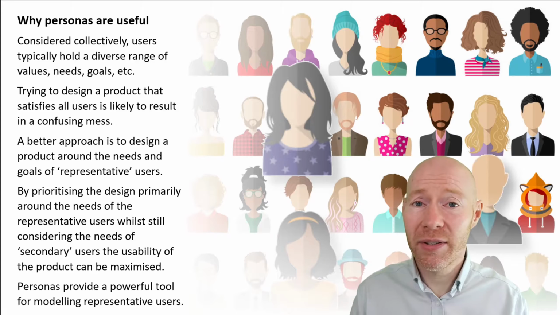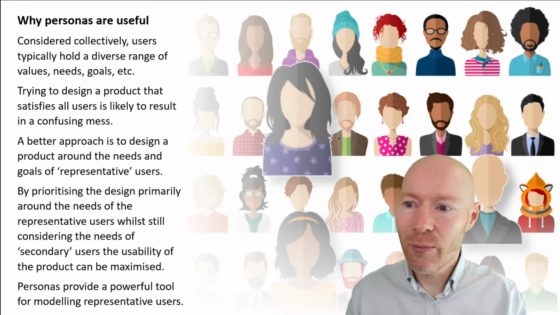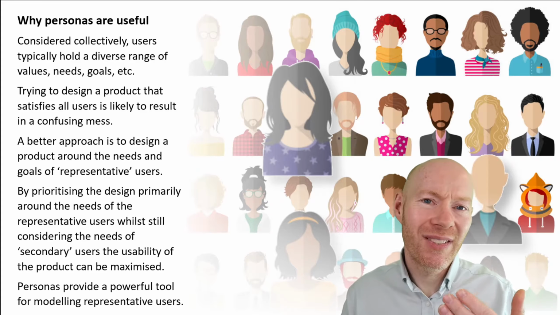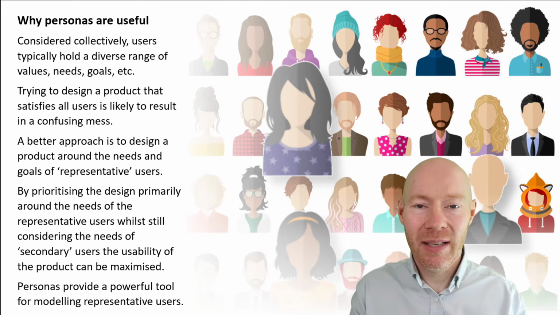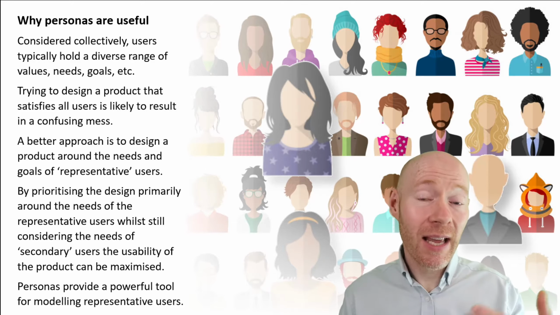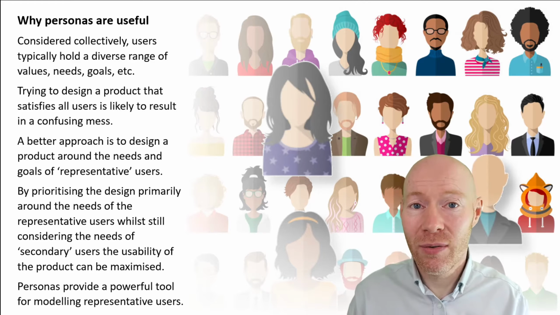And that's our priority. Once we've done that, we think about those other secondary needs and goals. It's not to say they're less important, but it is to say they are less frequently encountered across our population of users.